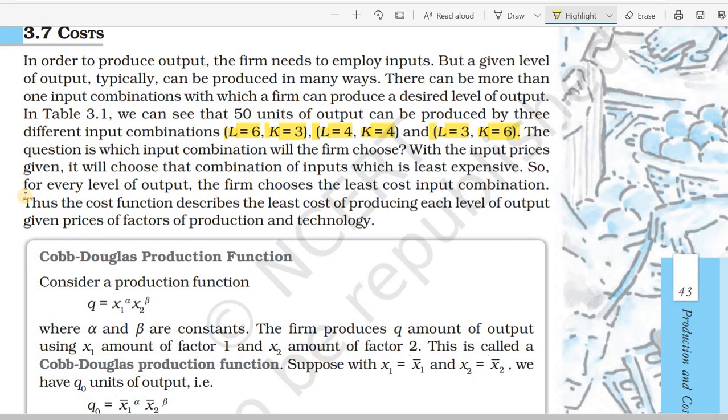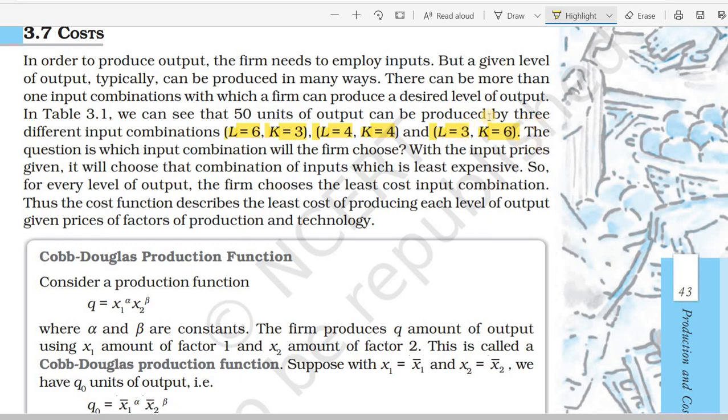That is the question. With the input prices given, the firm will choose the combination of inputs which is least expensive. Here the producer needs to spend money for 6 labors and 3 capital, here for 4 labor and 4 capital, and here for 3 labor and 6 capital.